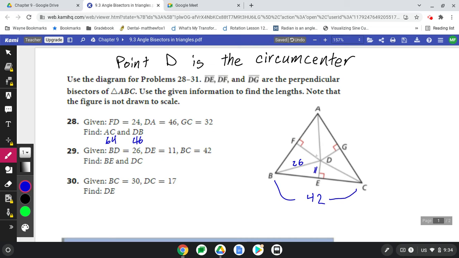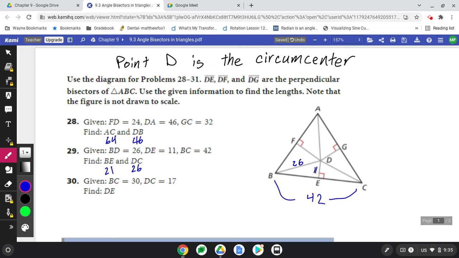And once again, D is our circumcenter, so we know that means the distance to each corner is the same. So if BD is 26, then DC would also be 26. And then BE, if E is our perpendicular bisector, we know that this cuts it into two equal parts. So BE will have to be half of 42, or 21.